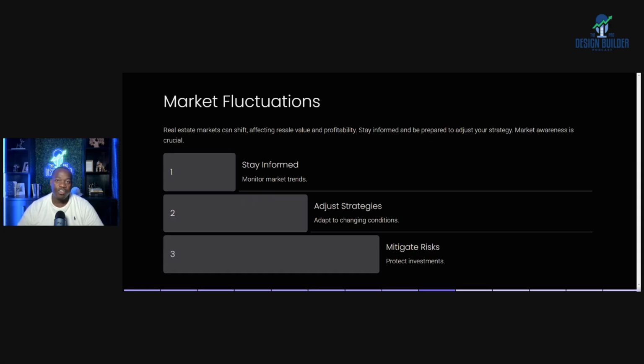You need to have alerts on your phone and always be looking at the real estate market, and know how many days on market, how many properties are on market, so you can tell how this market is moving and adjusting. Adjust strategies. Have multiple exit strategies when you're looking at your particular property. Mitigate risk, protect investment. This goes into the same category of having multiple exit strategies for each particular deal that you do.